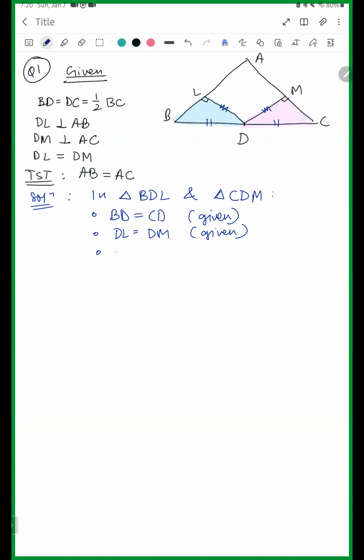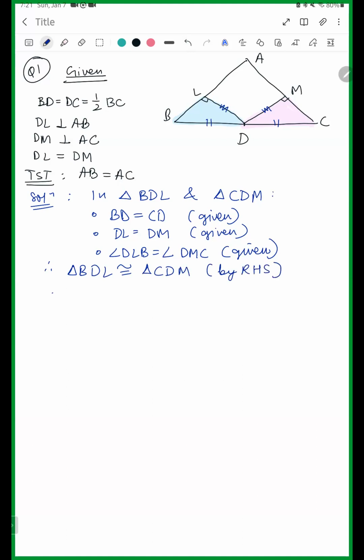So angle DLB is equal to angle DMC, given. So now what rule is this making? This is making the RHS rule. So therefore triangle BDL is congruent to triangle CDM by RHS.